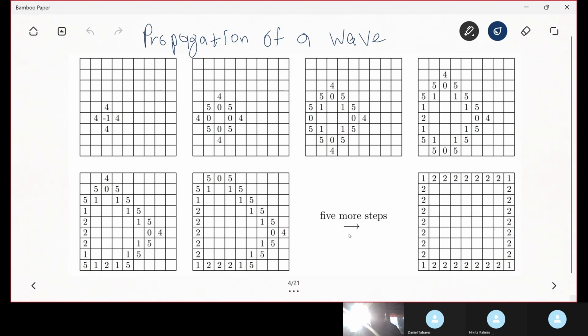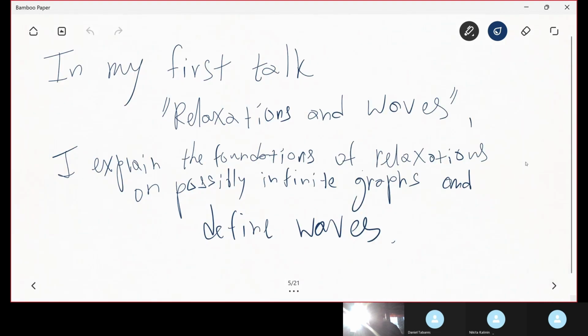And the general statement, which we are not proving in these talks but which is kind of straightforward, is that any relaxation of a state that I mentioned can be decomposed into a sequence of waves, and adding the point at the end. So that's the subject of the first talk, relaxations and waves, where I explain how you define all these relaxations, if your lattice, if your graph is the whole lattice, for example, or some infinite graph, and we define the waves.